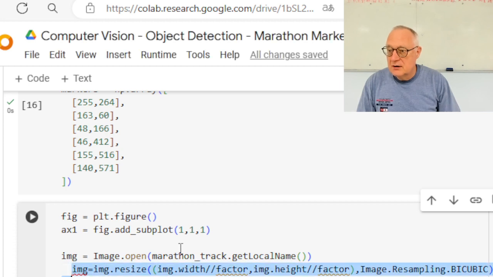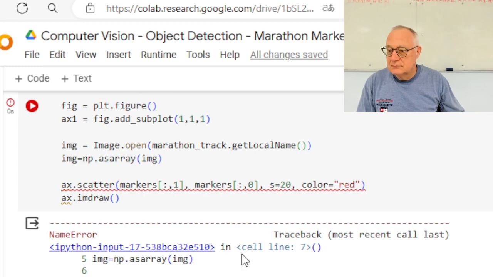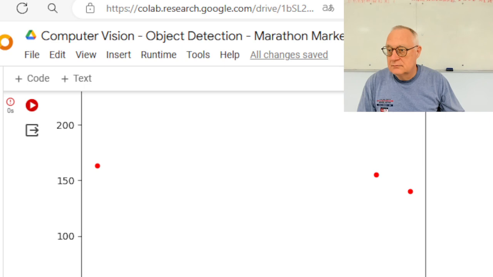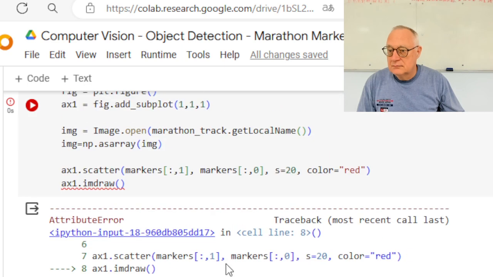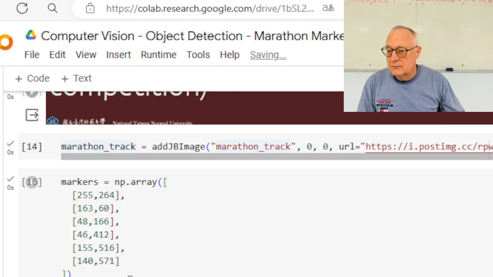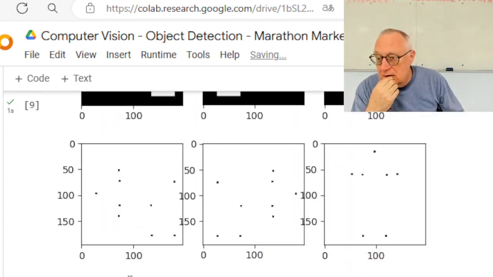Or resizing. Image draw. What is it called?